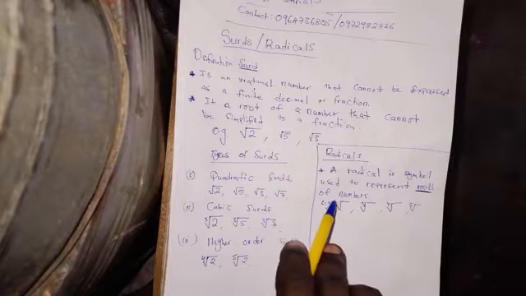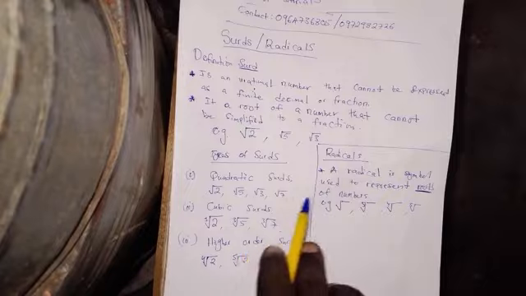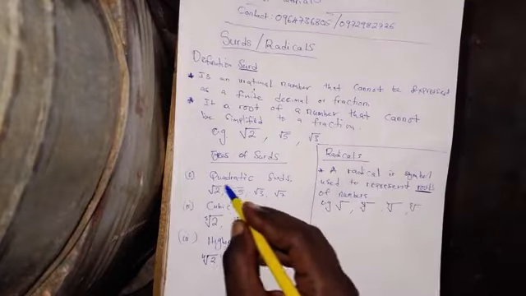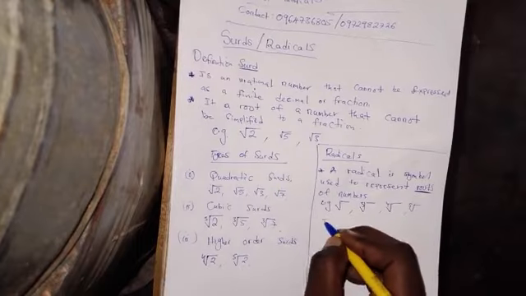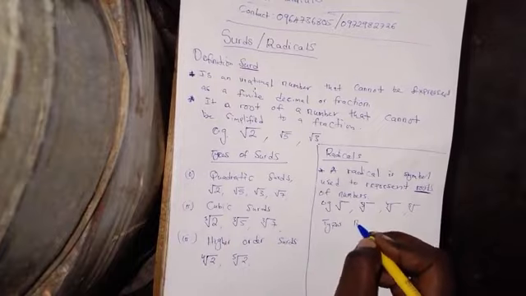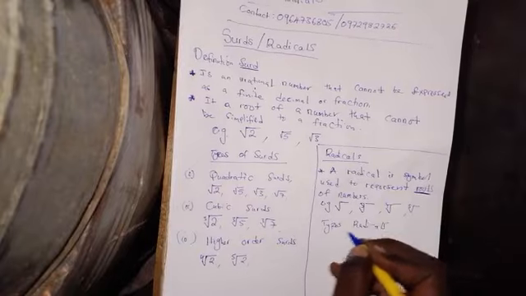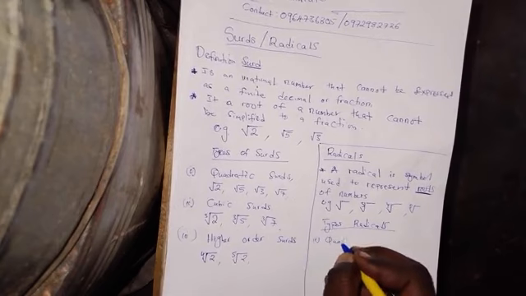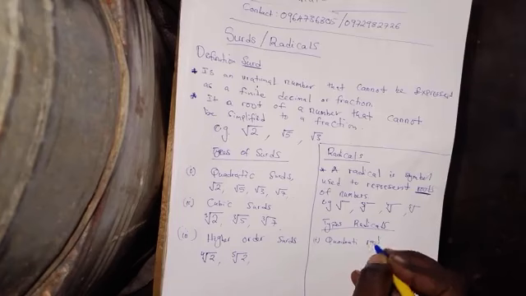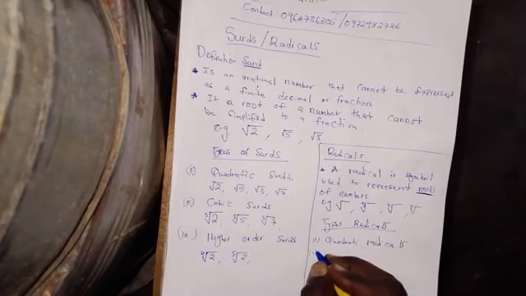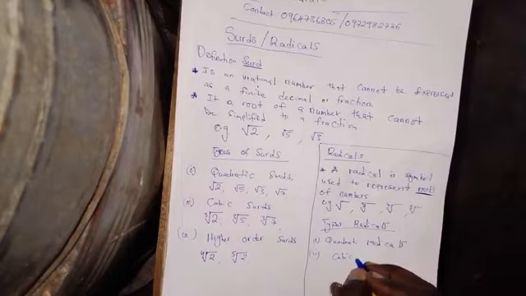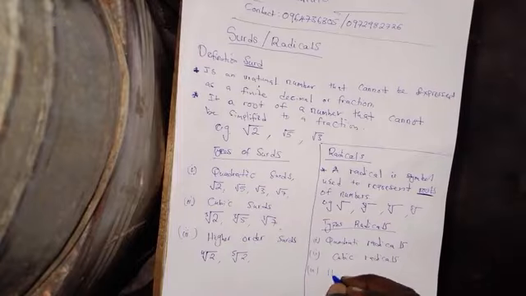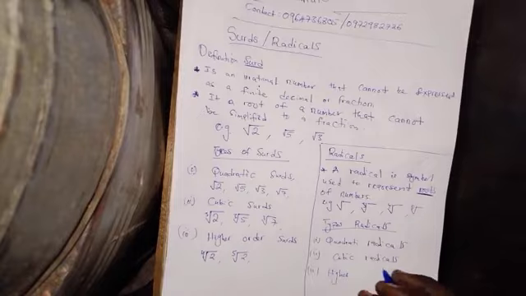The types of surds were quadratic surds, and it is the same with radicals: quadratic radicals, cubic radicals, and higher order radicals. I believe we understand all this.